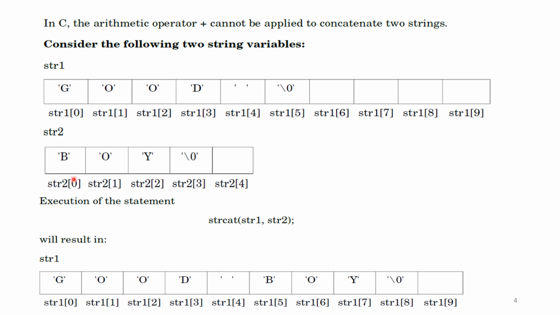Then str2 holds the string "boy", then the terminating null character. Consider the statement strcat(str1, str2); here str1 is the destination string and str2 is the source string, and the function appends the source string to the destination string.